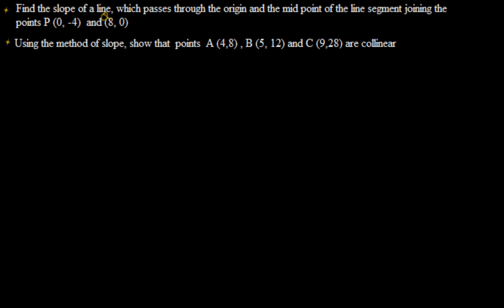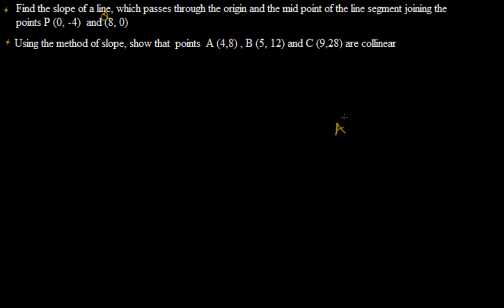Using the method of slope, show that the points A, B and C are collinear. What's the meaning of collinear? They all are points on the same line. Let us say this is point A, (4, 8).